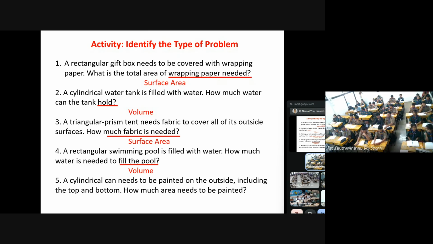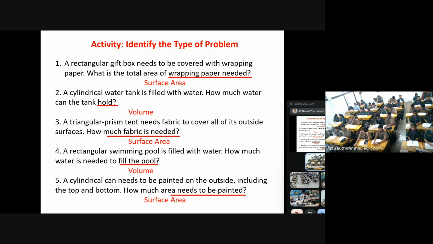The answer is surface area. As you can see, needs to be painted. That is outside, right? The keyword is painted.